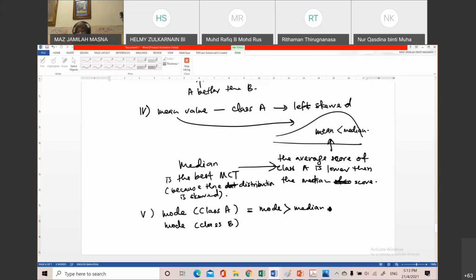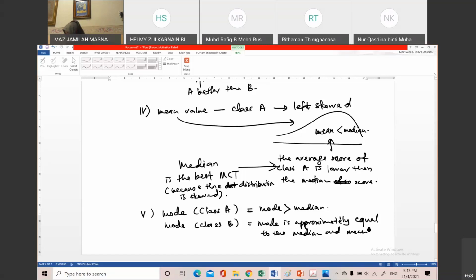Okay. What about class B? Equal to mode and median. Same value. Yes, mode is approximately equal to the median and mean.